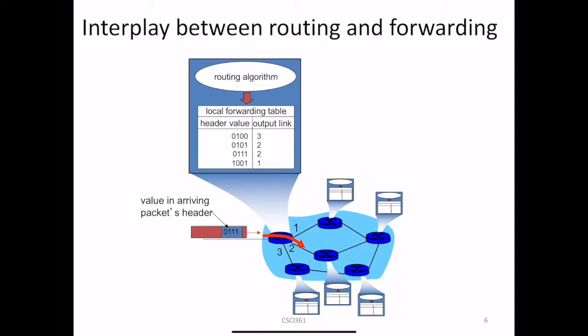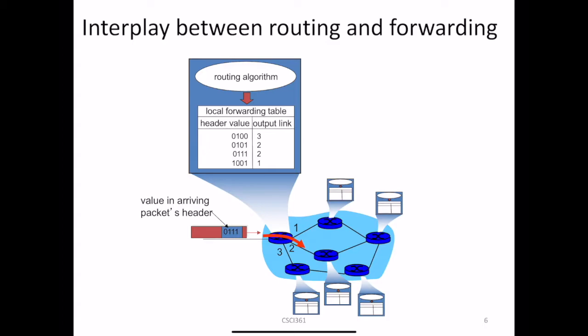Right now, you don't need to worry about how the routing algorithm calculates the contents inside the local forwarding table, or how it works. You just need to know that we generate the content inside the local forwarding table through the routing algorithms.